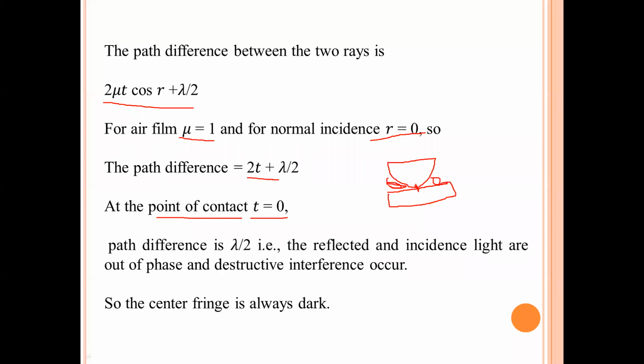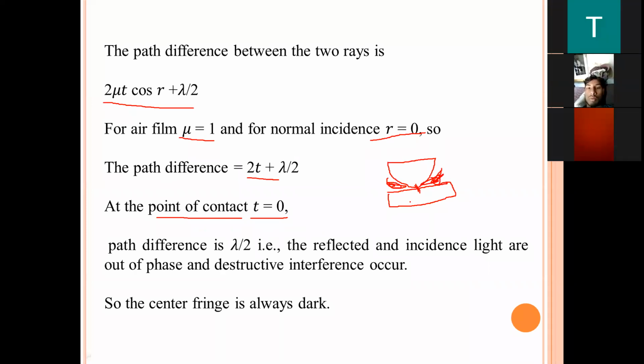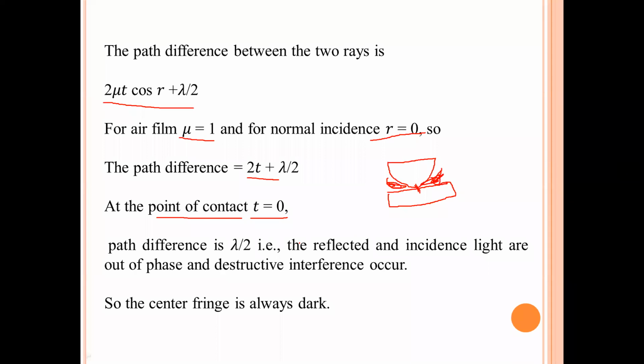Here the air film is there, but exactly at the point of contact, there is no air film. There is no thickness of the air film, so automatically t is equal to 0. Now, substitute t equal to 0 in the equation 2t plus lambda by 2. So this value also becomes 0. That means only the path difference value is equivalent to lambda by 2.